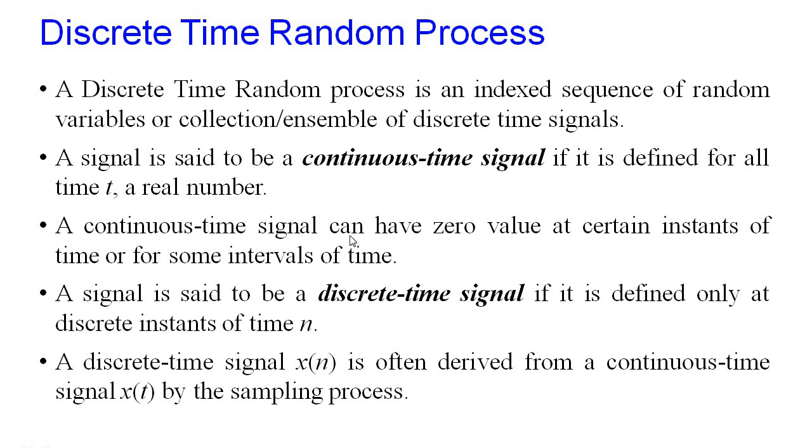A continuous time signal can have zero value at certain instances of time or for some intervals of time. A signal is said to be a discrete time signal if it is defined only at discrete instances of time n. A discrete time signal x of n is often derived from a continuous time signal x of t by the sampling process.